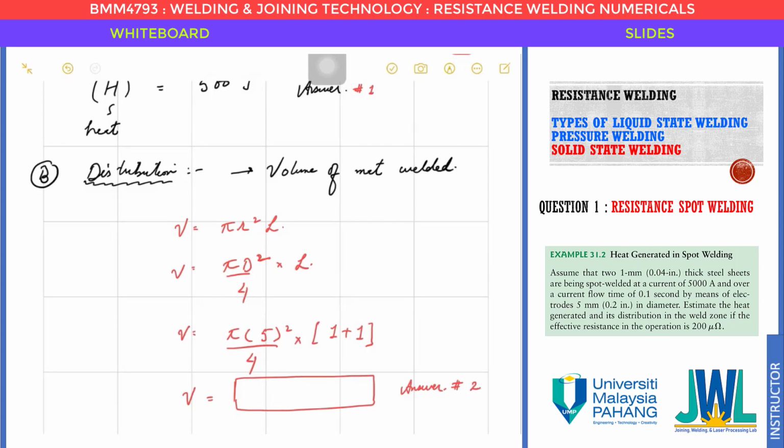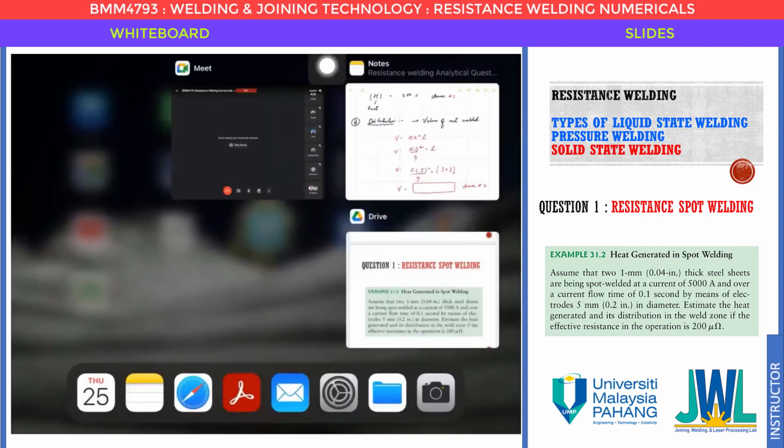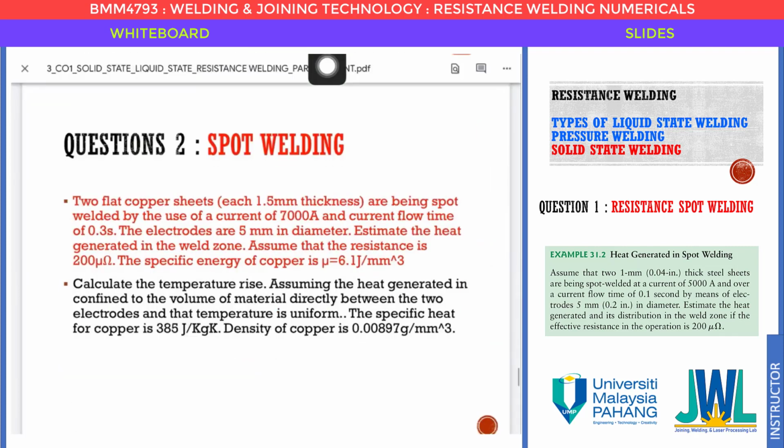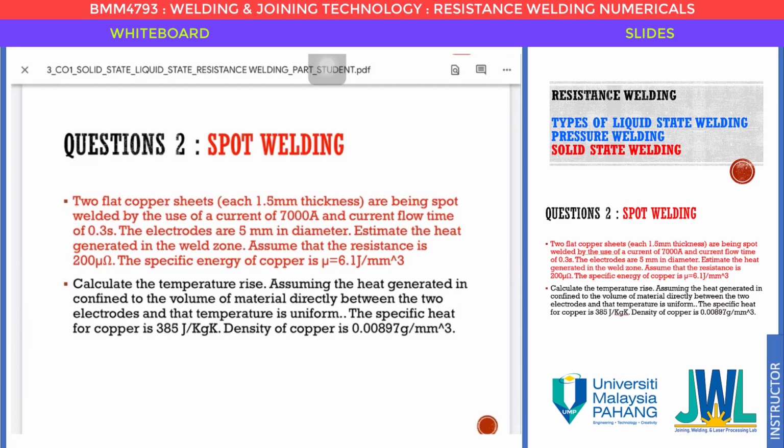So we will move on to the next numerical. Question number two. Question number two is saying two flat copper sheets.